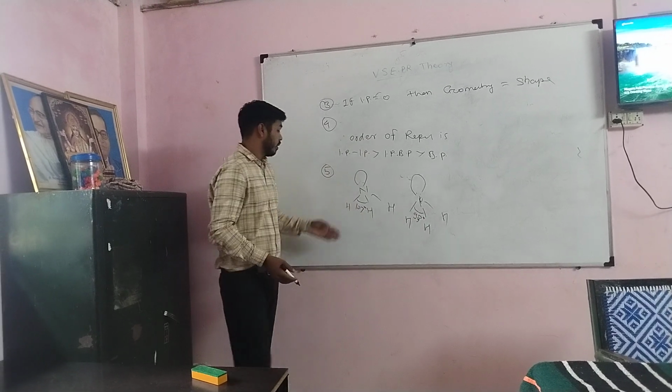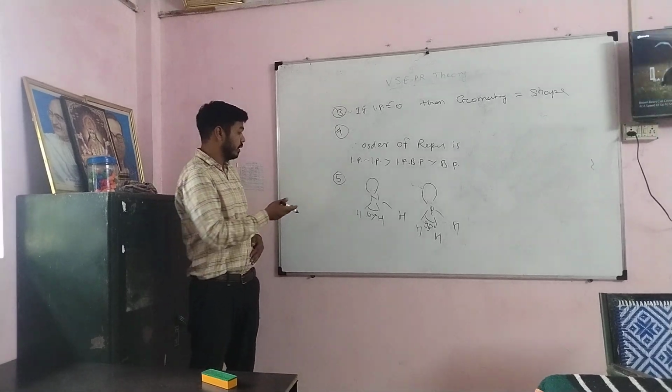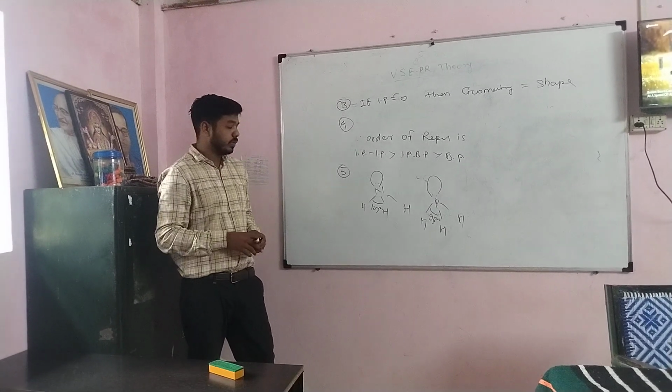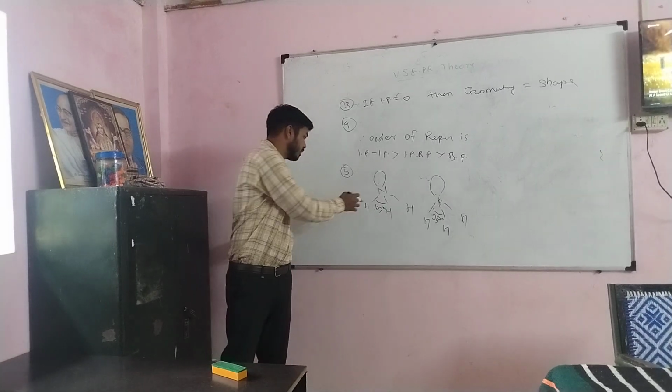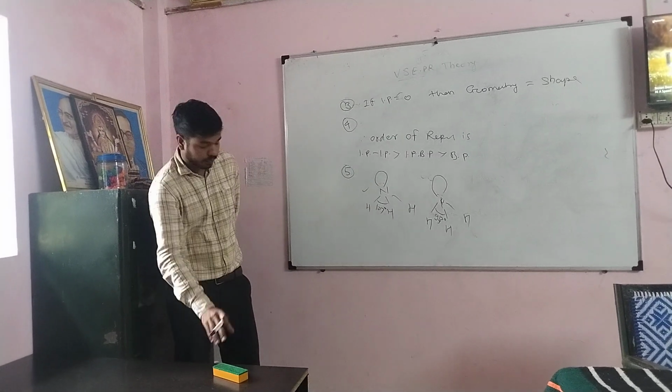This happened because in the NH3 molecule, the central atom is more electronegative compared to phosphorus. That's why the repulsion between them is more and the bond angle is also more.